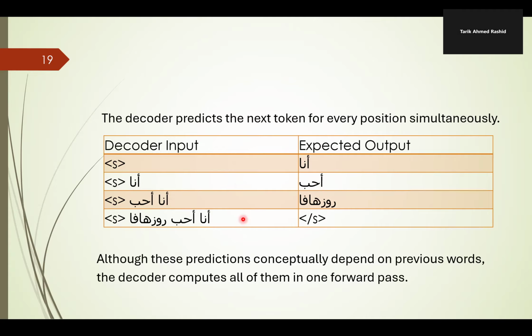Then you get Rojava, and Rojava will be added. The whole sentence, then the end. So as you can see, the process all depends on previous words, and the decoder computes all of them in one forward pass.